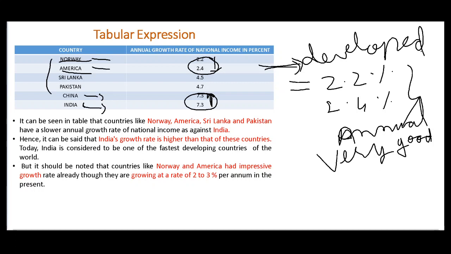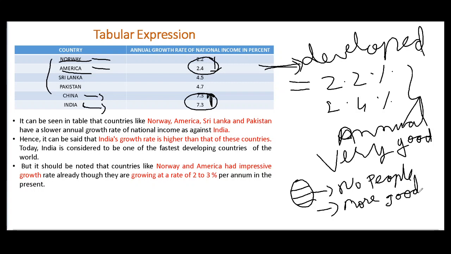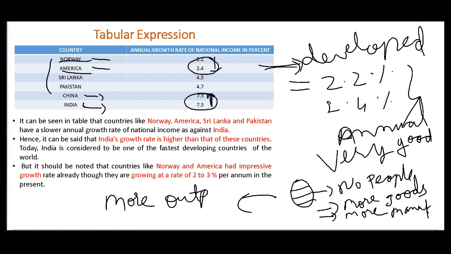With a larger population, the number of people will be more and they will require more goods for consumption. So more manufacturing and more output will be there, and output is termed as growth.